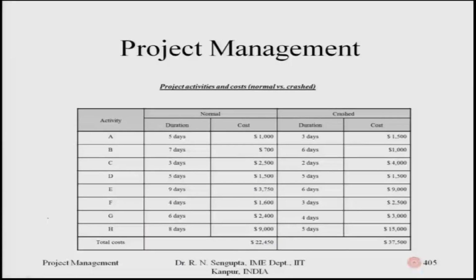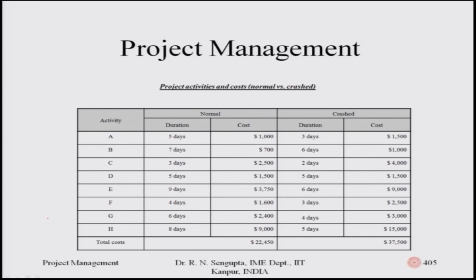Here in this table, in a similar way, the activities are mentioned in the first column on the left. The normal durations and the normal costs are given. For A it is 5 days, B it is 7 days, C is 3 days and so on and so forth. The costs are given. For A it is $1000, rupees, yens, whatever it is.